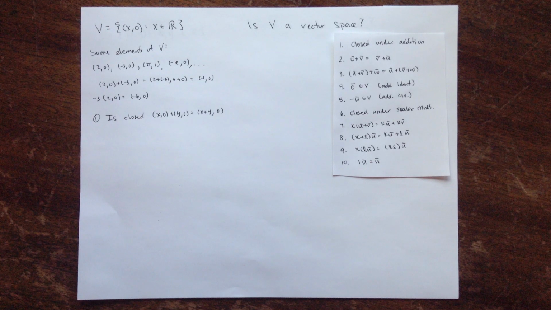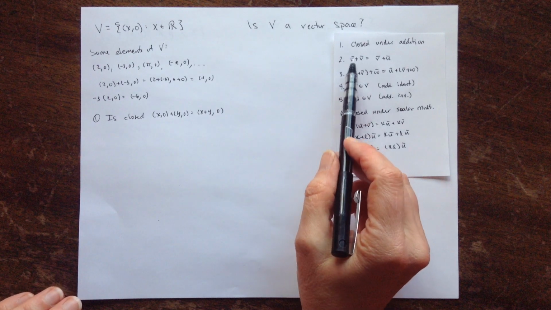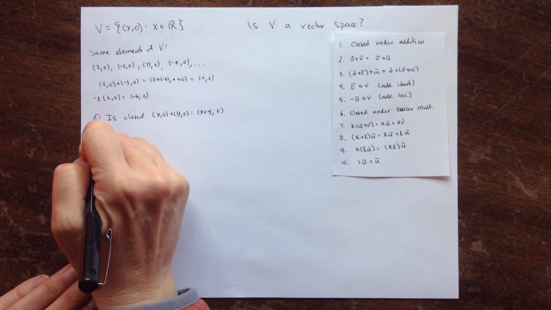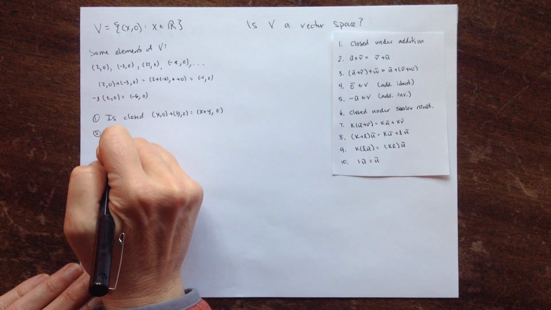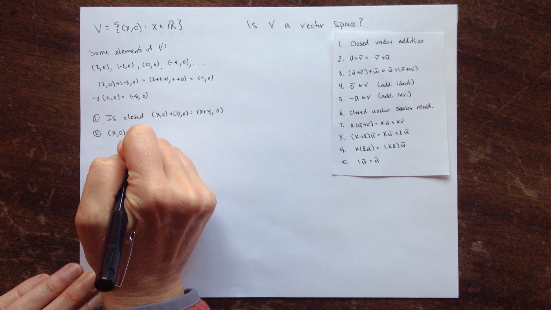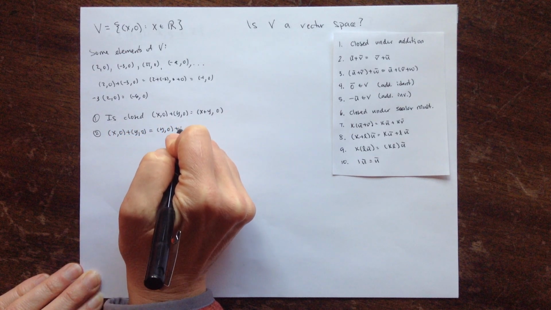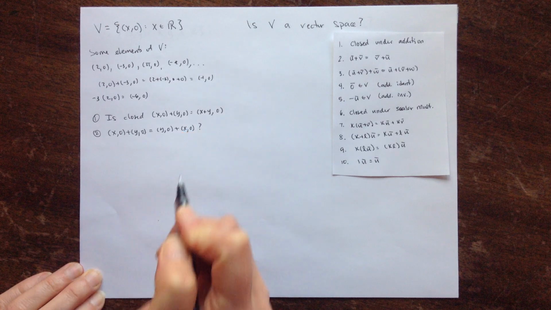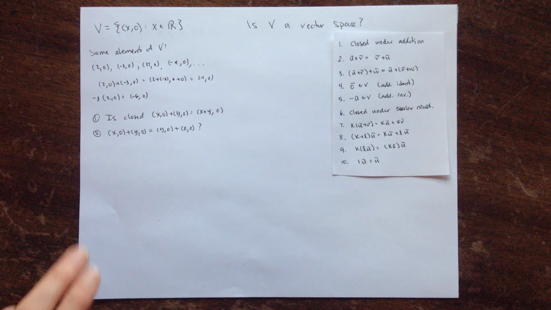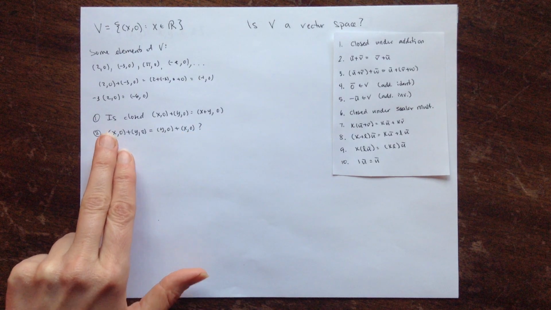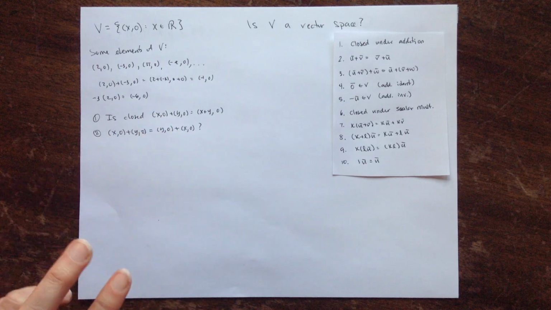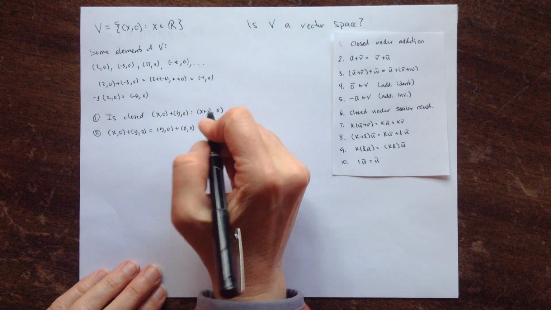And that's because the reals are closed, it's hard to get bumped out of the real numbers. And then, can you change the order: if you do x, 0 plus y, 0, is that equal to y, 0 plus x, 0? And it is, because this is going to be x plus y comma 0, this is going to be y plus x comma 0, and x and y are real numbers, so this axiom is good.